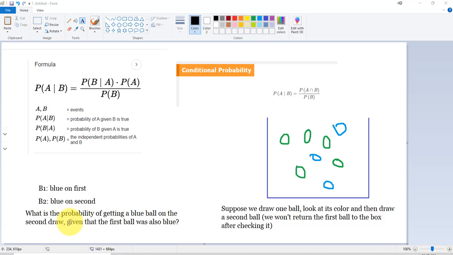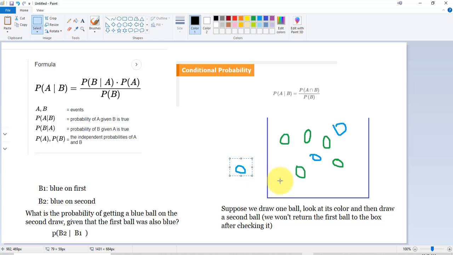So here's a probability question, and it has the word given in it, so that means it's a conditional probability question. We'll use these two symbols, and we can write this question like this: given that we got a blue on the first, what's the probability that we got a blue on the second? This is a very easy problem to answer. Given that we got a blue on the first means I should select one of the blue balls and take it out.